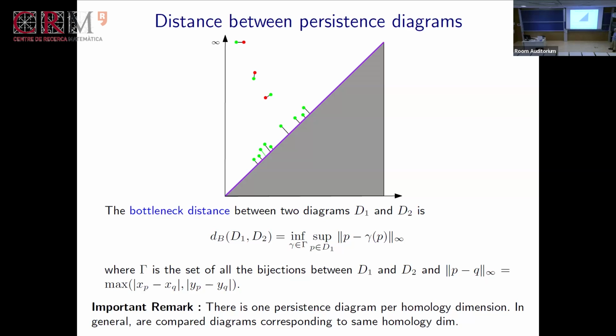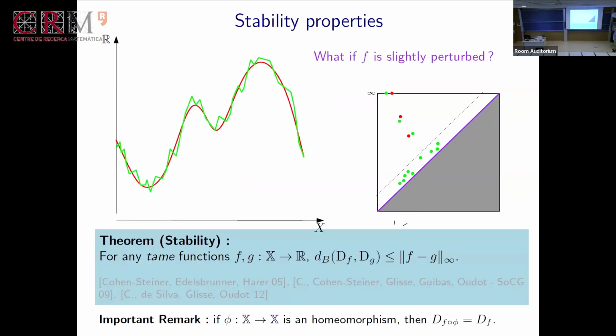And with this matching distance, we now have a first result for persistence. It tells us that if we have a topological space X and you take two functions f and g, let's say that these two functions are not too bad. For example, if X is a compact space and if f and g are continuous, you will be fine. So don't worry about this term.